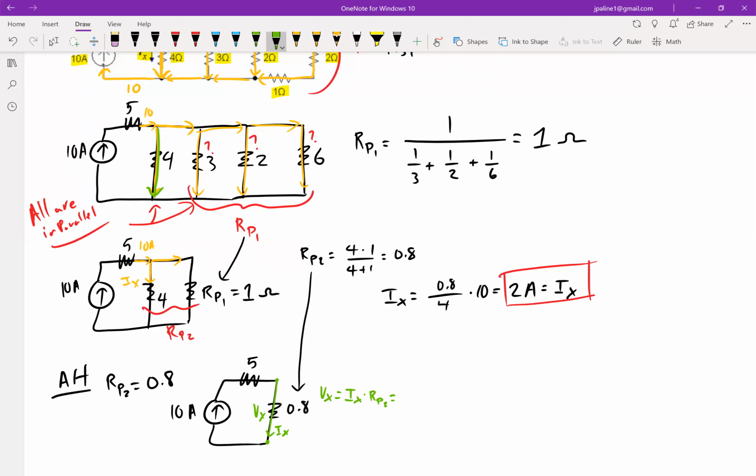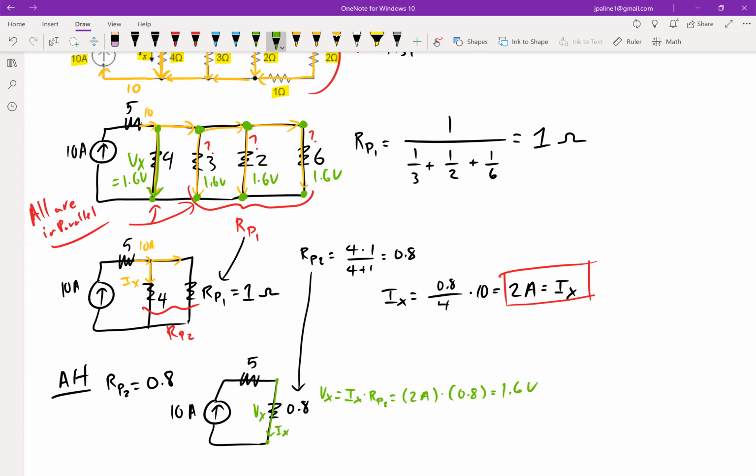I of x was 2 amps times R parallel 2, which we said was 0.8. 2 times 0.8 will give us 1.6 volts. So we know that here V of x is equal to 1.6 volts. Well, if all of this stuff is in parallel with each other, then all of these have 1.6 volts across them.